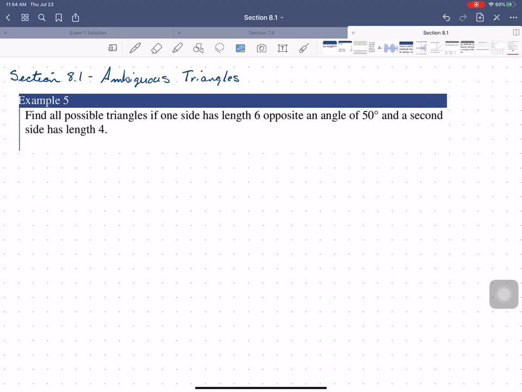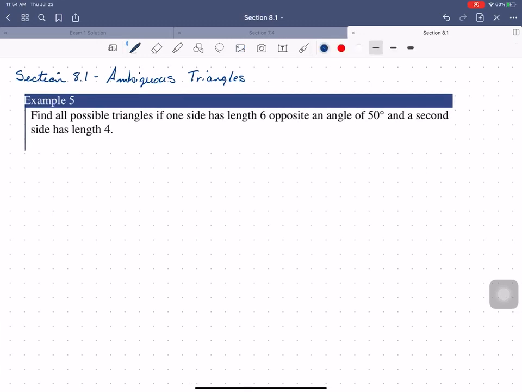So let's suppose that I've got a triangle, and one side is 6 units long. 1, 2, 3, 4, 5, 6. And there's another side that is 4 units long. And we've got the angle opposite this 6 unit long side, or sorry, this angle is 50.